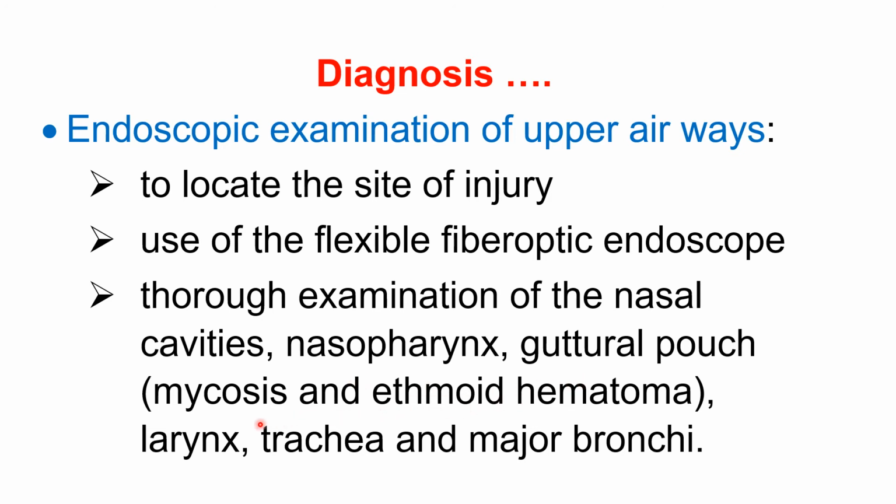He can observe mycosis and ethmoid hematoma in the guttural pouch. The clinician can examine the larynx, lower respiratory tract, trachea and the major bronchi. So endoscopic examinations are important and helpful to locate the site of bleeding.